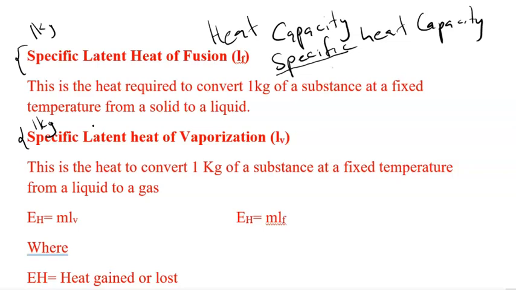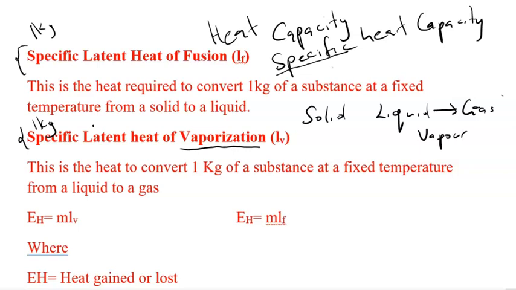Now, because there are changes in phase, for example, solid, liquid, gases, each of these has different names. For example, moving from here to here, we'll talk about the specific latent heat of vaporization, because there will be vapors. So that's where we get this name from, vaporization.